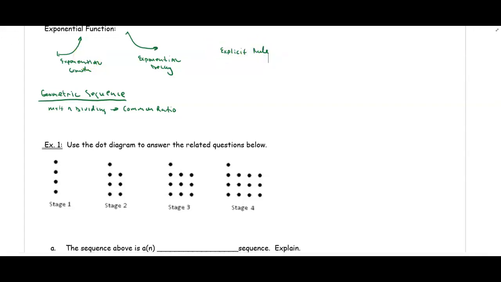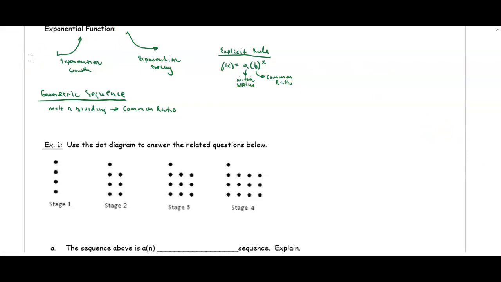The explicit rule for an exponential function is f of x equals a times b to the x, where a represents your initial value and b represents your common ratio. Okay?